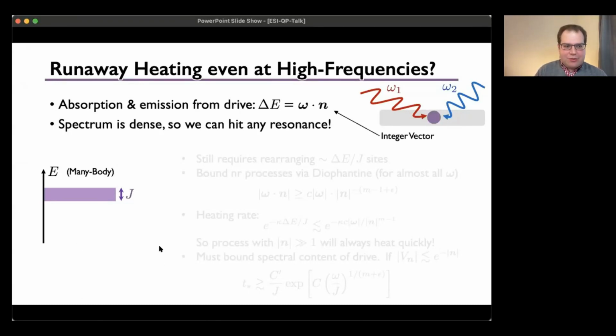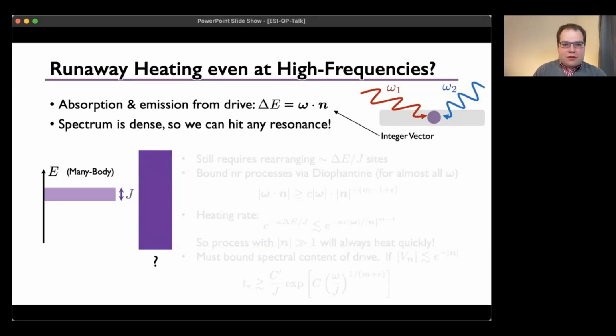So just to come back to the analogous picture I had before, in the Floquet case we had this nice finite gap of a minimum frequency that set a minimum number of excitations or rearrangements of J that we needed. Now the spectrum is dense.